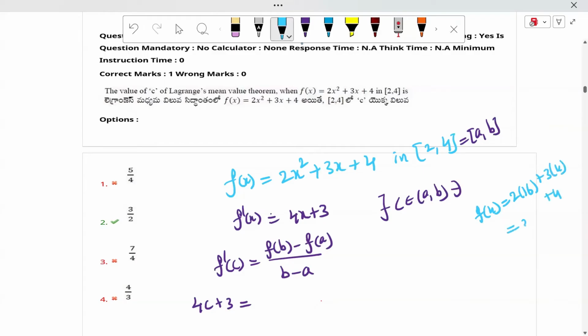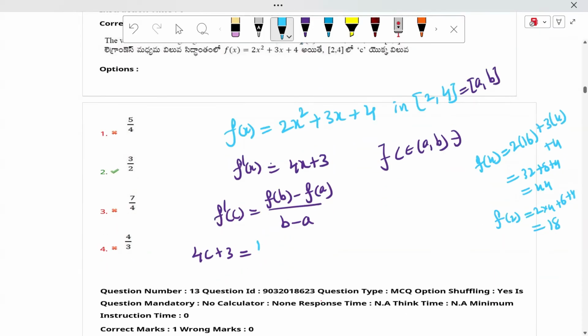It is nothing but 32 + 8 + 4, which is 44. f(2) value is 2 into 4 plus 3 into 2 is 6, plus 4, 10 plus 8, it is 18. So it is nothing but (44 - 18)/(4 - 2).